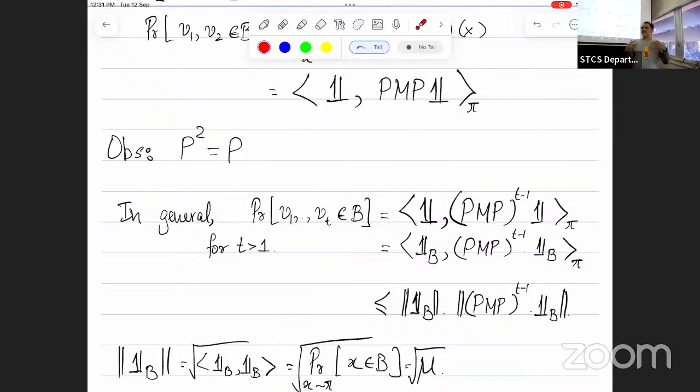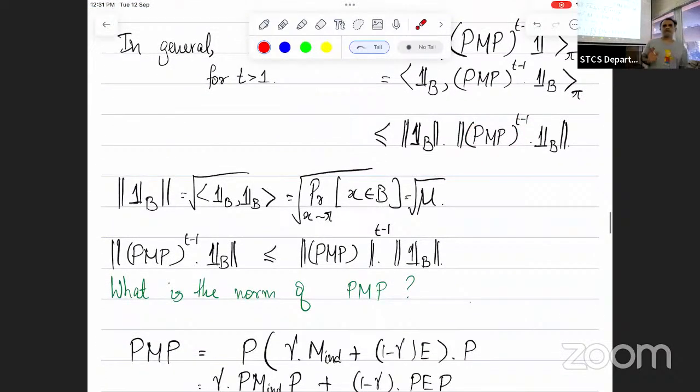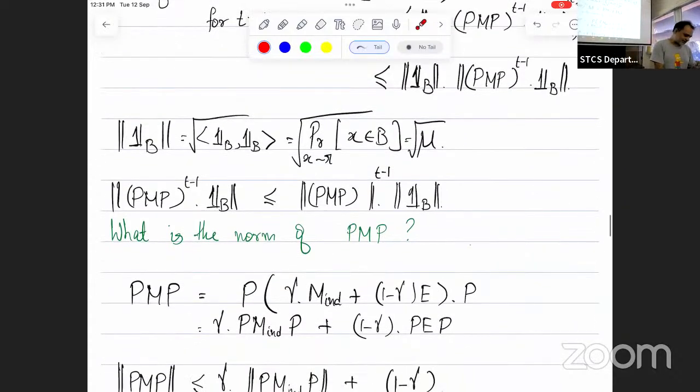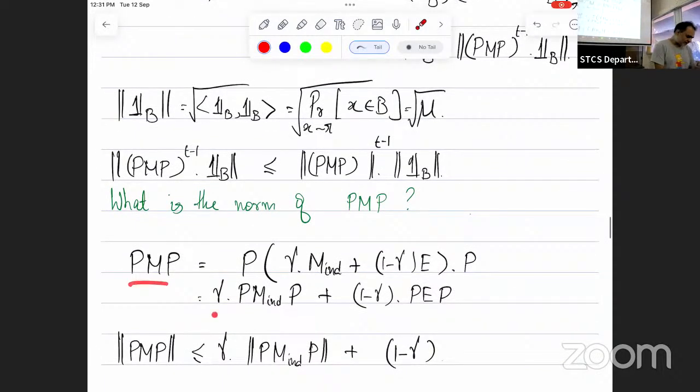Okay, and then we did one Cauchy-Schwarz and reduced the problem to measuring the spectral norm of PMP. Okay, that's what we wanted to do. And we wanted to say that, okay, let's first try and get a sense of the spectral norm of the independent random walk, and hopefully the spectral norm of PMP is related to that. We formalized this relation by using our matrix decomposition and writing the matrix PMP as something analogous to the independent part plus an error term.